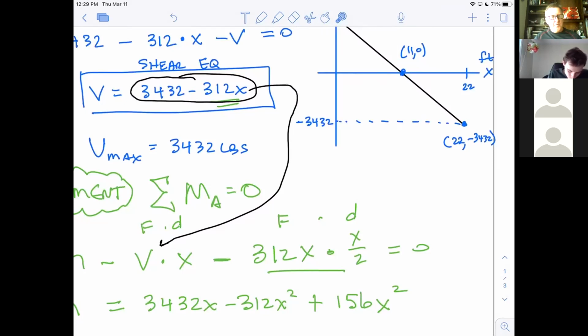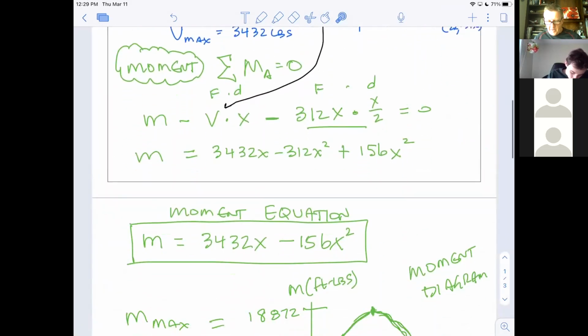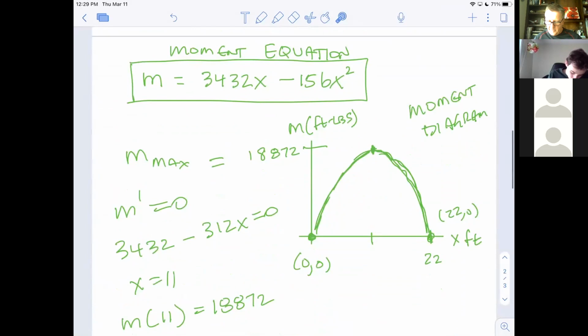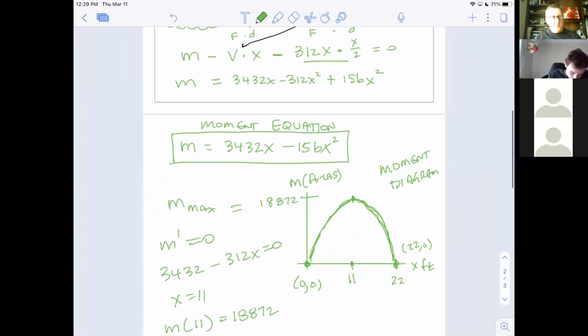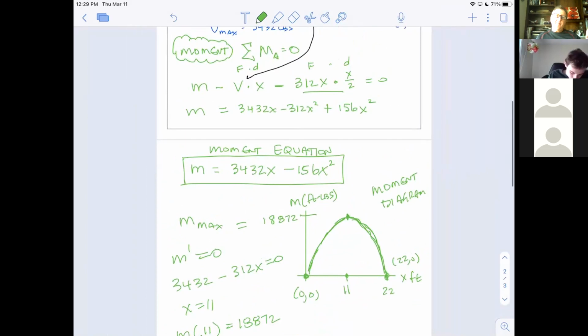So the fact that the shear was 0 actually coincides with the moment being maximum. The place of no shear is the place of maximum moment. That turns out to always be the case. Rather fascinating. So again, what's so cool about the moment diagram is I have the moment any place I want to know now.